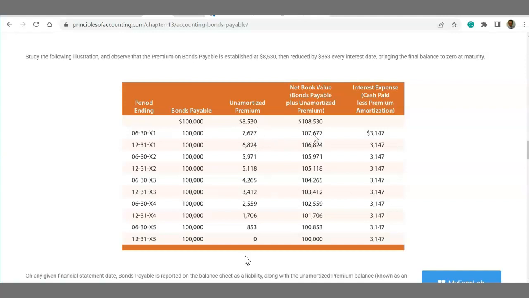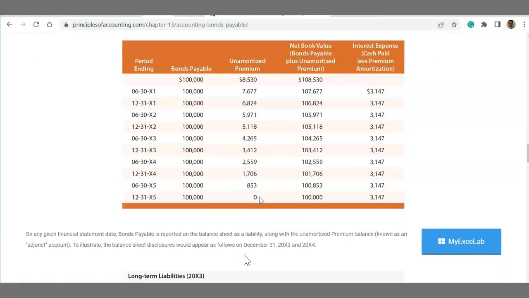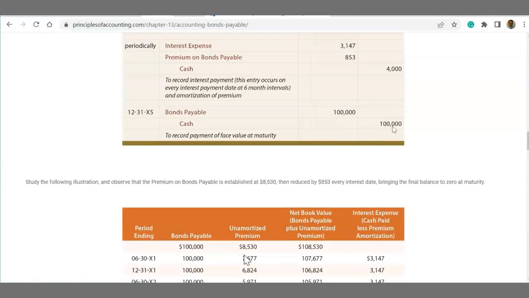That means at the end of the first 6 months, this is my bond liability. At the end of the first year, that's my bond liability. So this premium will get amortized all the way to zero, to the point that at the end of 5 years my bond liability is exactly $100,000, the net book value of bonds payable, and that's when I pay off my bond.